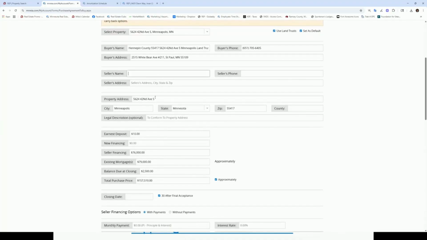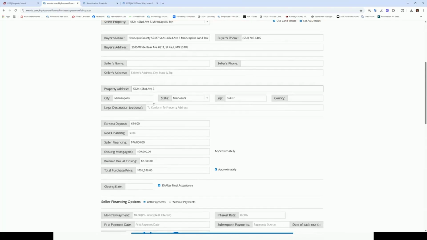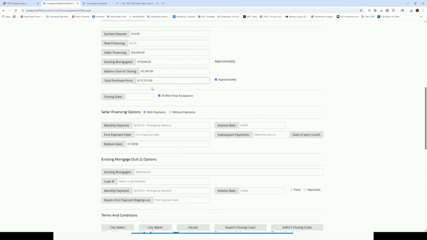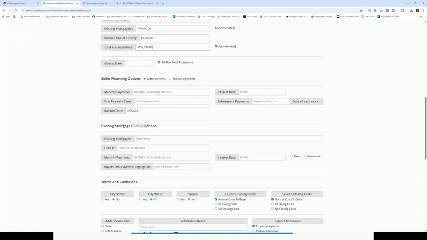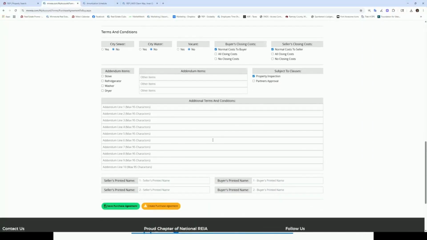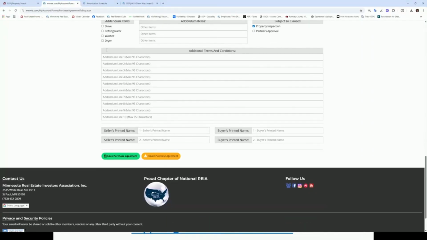We fill in the seller's info, the property address, how we're going to buy the property, what price we're buying it at, the terms of the acquisition, when we want to close, the underlying mortgage information, right? The existing subject to options, any other terms and conditions we want to put in there, and then it will generate the purchase agreement for us. So I would hit create purchase agreement.